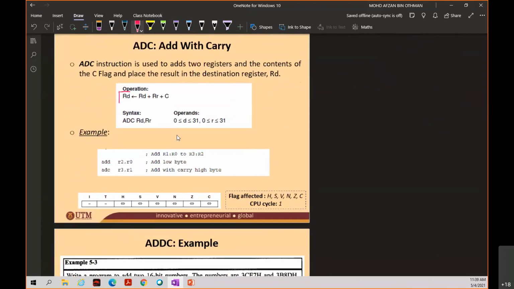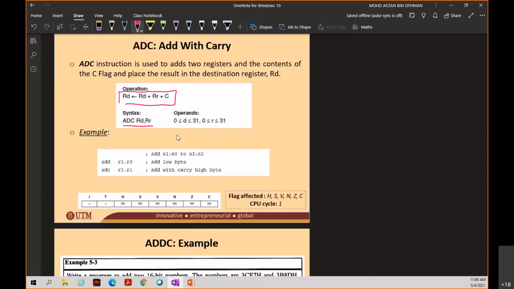Let's look at this operation here: RD plus RR plus the C, and put the result to your RD. So the syntax is ADC RD, RR, in which RD and RR can be from R0 to R31.